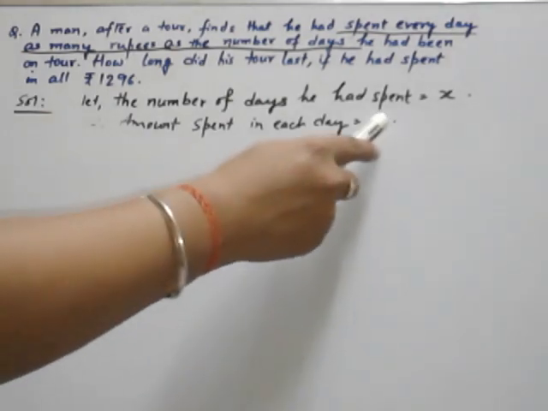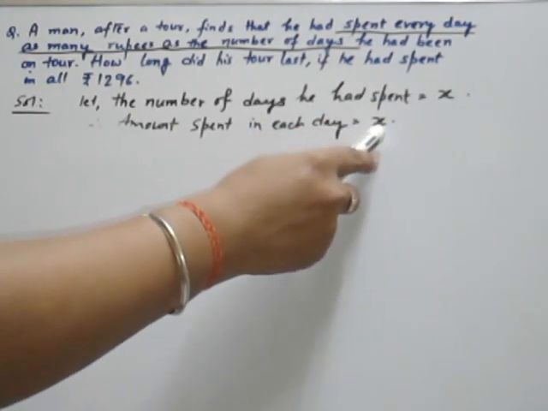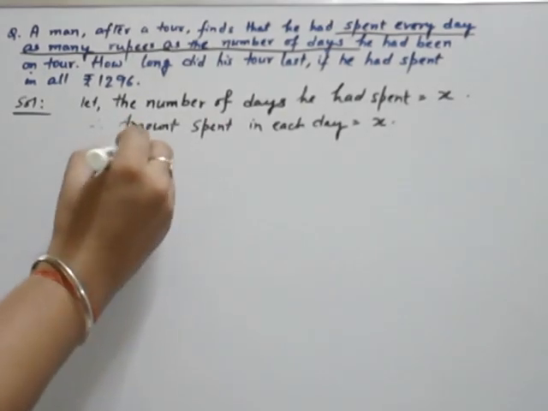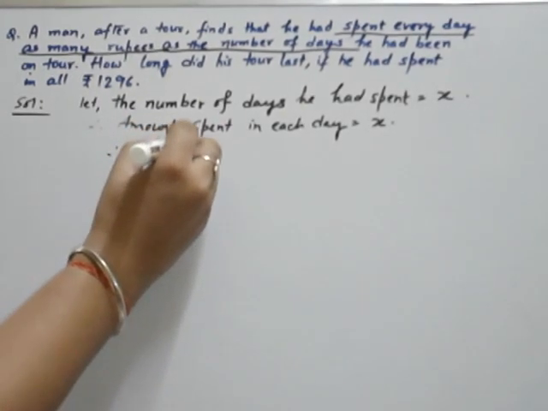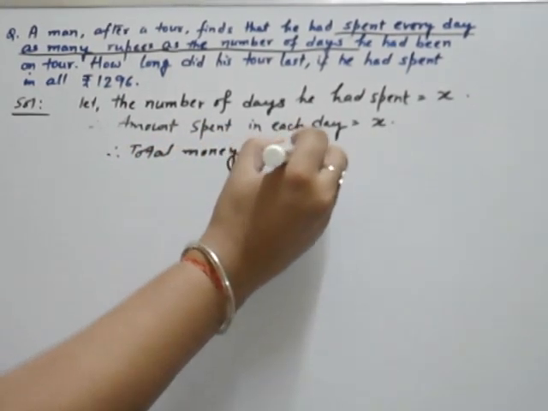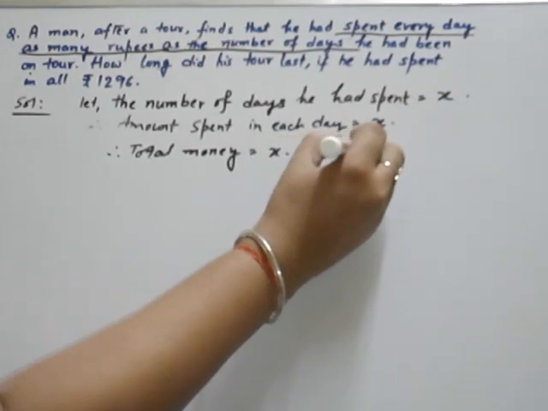So 1 day he spent X rupee, next day another X rupee. So for X days he total amount is X square. So therefore the total money that is X into X, that is X square.